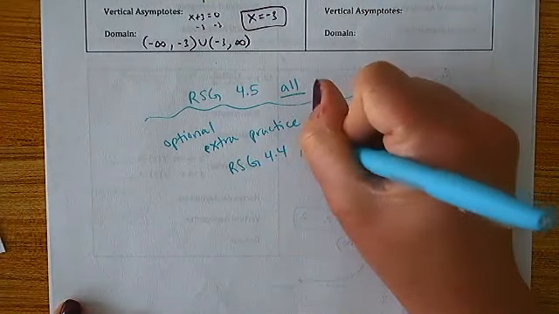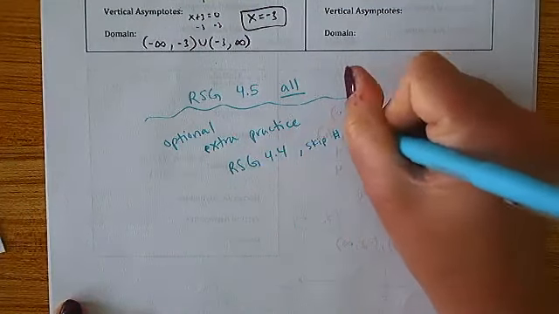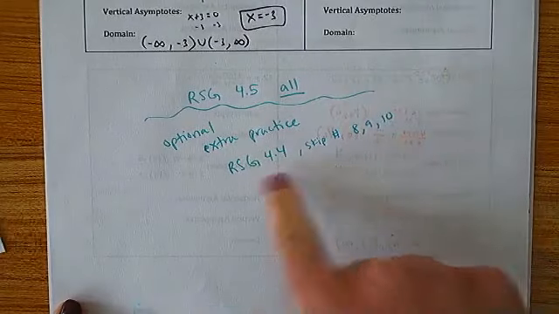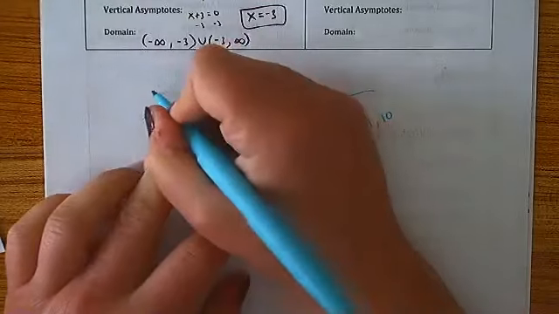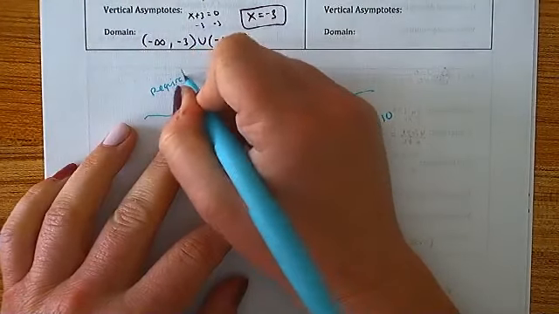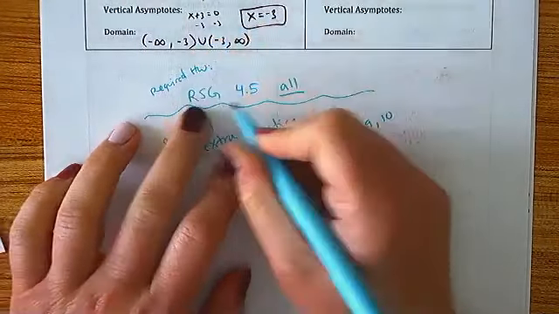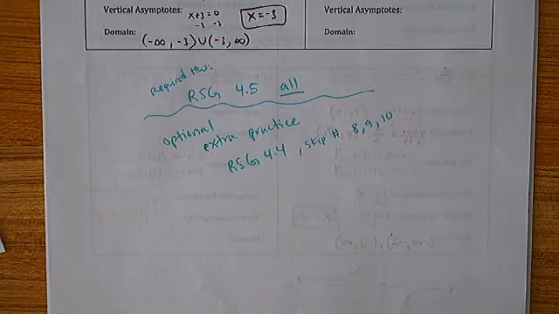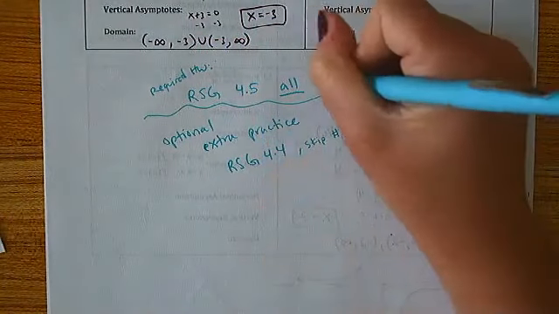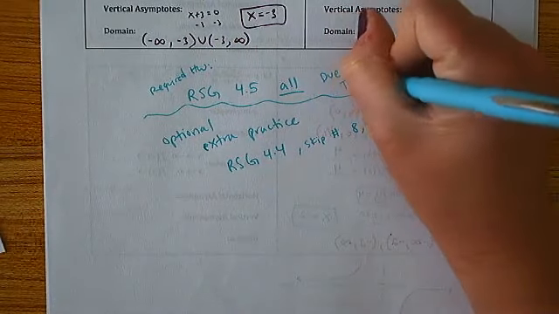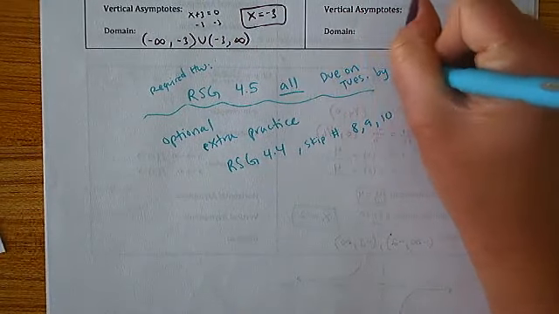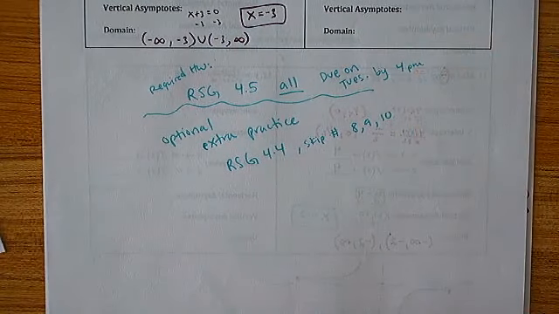But please skip numbers 8, 9, and 10 for 4.4. So this one's optional, but this one is required. So required homework is RSG 4.5, and this will be due on Tuesday by 4 p.m.